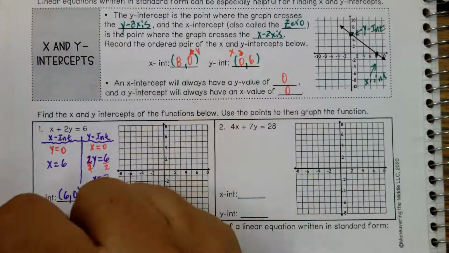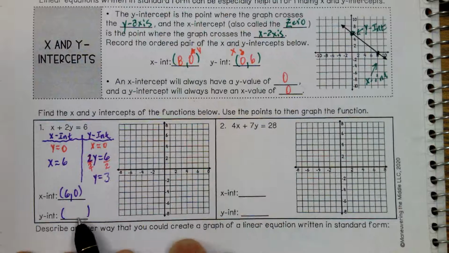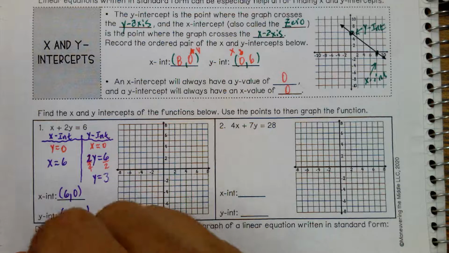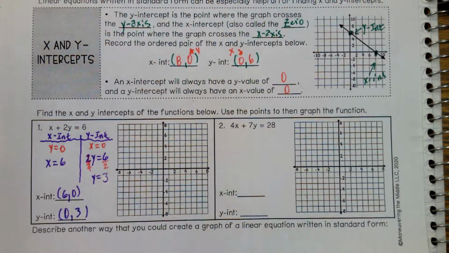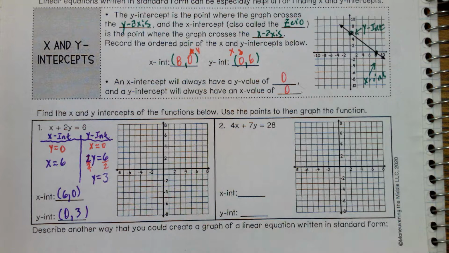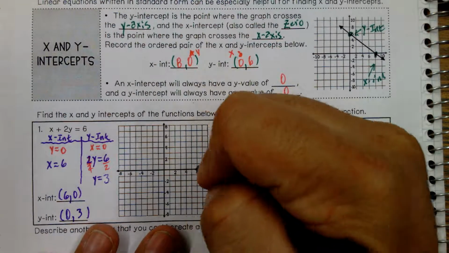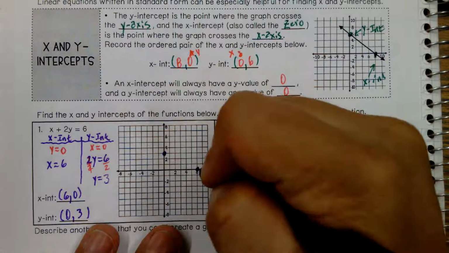So what would the coordinates be here for the y-intercept? Well, what's the x-coordinate going to be? 0. And we just found out the y-coordinate is 3. Okay? Go ahead and plug in those 2 points. Find 6, 0, put a point there, because that's a point on the line. Find 0, comma 3. That's another point on the line, so 6, 0 is right here. 0, 3 is 1, 2, 3 up right there.